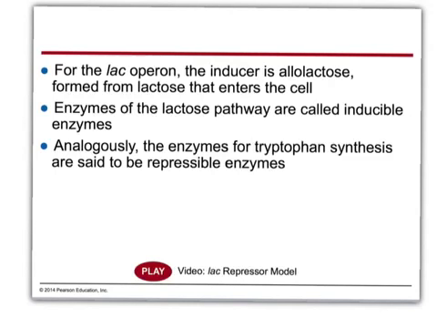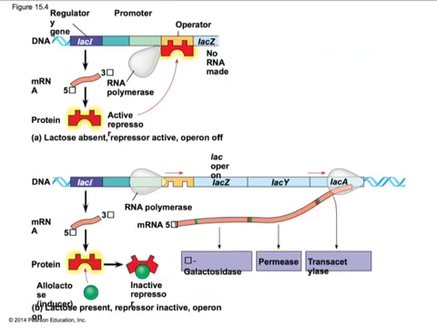So we have a repressible operon, the trp operon, which is normally on but can be turned off. And the lac operon is an inducible operon. It is normally off but can be turned on. Okay? You should be able to compare, or rather contrast, the two of those because they're quite different. Compare and contrast. Right, Ben?